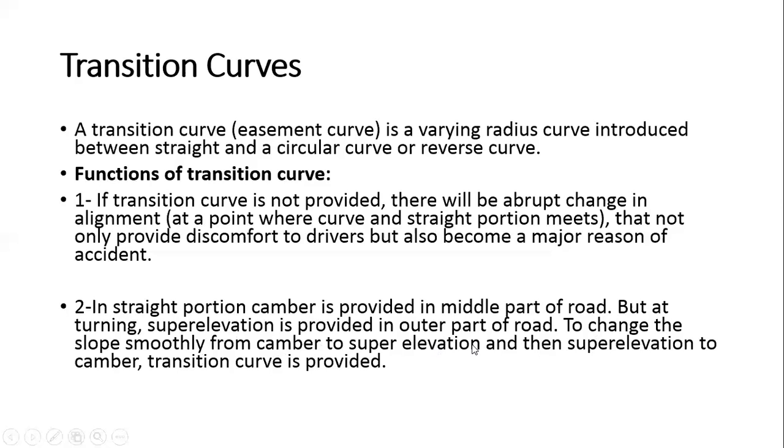To provide this change smoothly from camber to super elevation, and then again from super elevation to camber, a transition curve is provided. We need a certain medium for this change, and that medium is called the transition curve. So these are the two functions of transition curves.